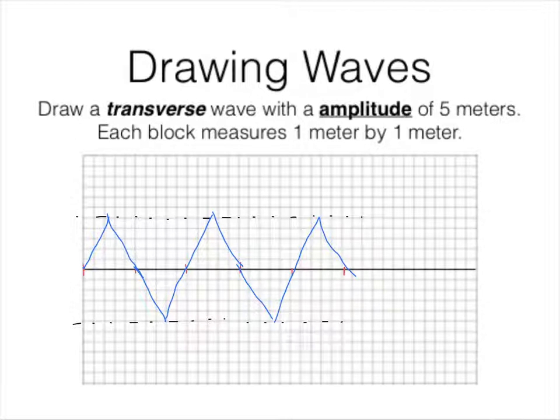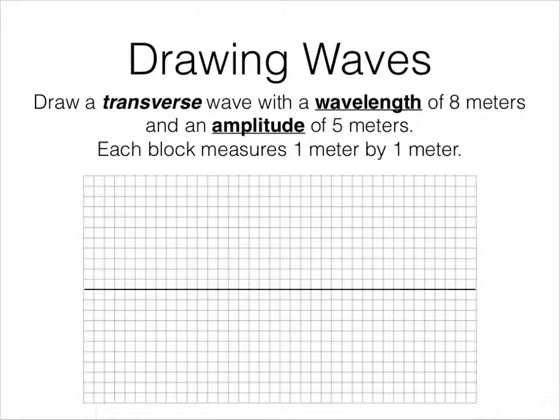Our amplitude is still 5 meters. And if we were to double check our wavelength, now our wavelength is about 10 meters. And anywhere we check, it's about 10 meters. This picture still represents a wave with the correct amplitude and a consistent wavelength. Now in this next example, we're going to add both.